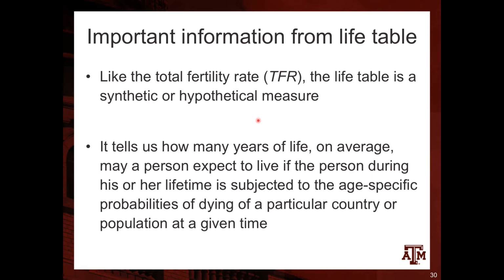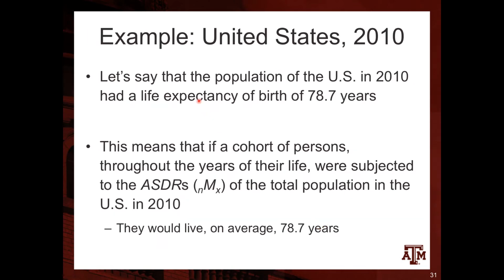In this case, life expectancy at birth that is calculated using a life table is going to tell us the average number of years that people would live if they were subjected to the age-specific probabilities of dying for a specific country in a specific time. To give an example, let's say that the population in the United States in 2010 had a life expectancy at birth of 78.7 years.